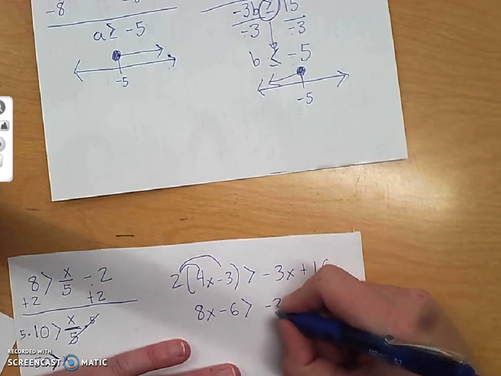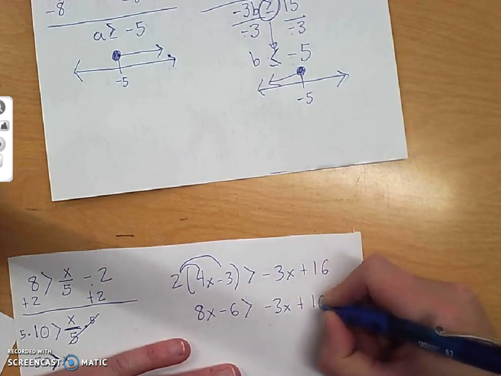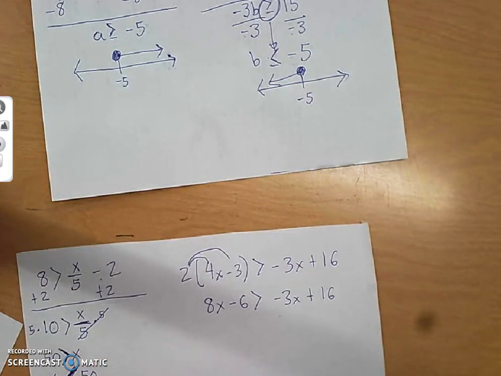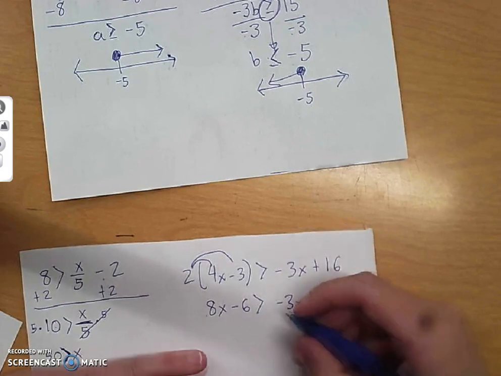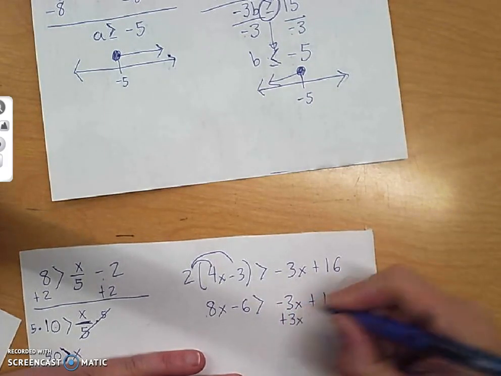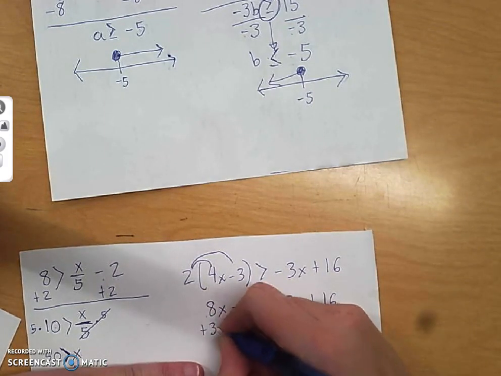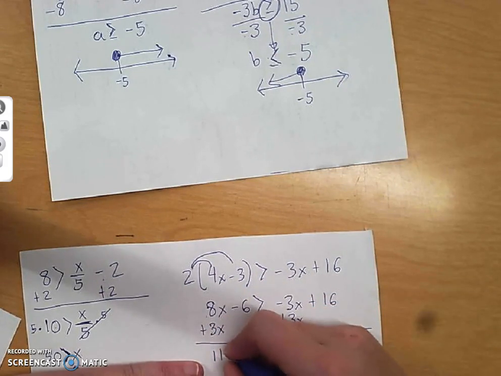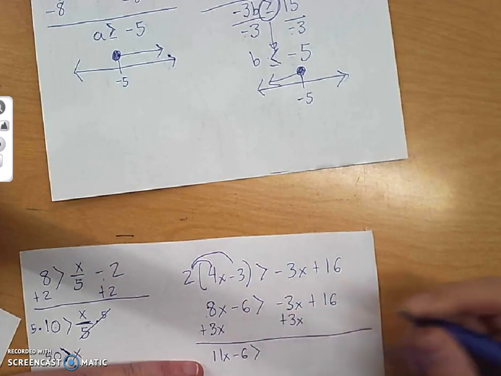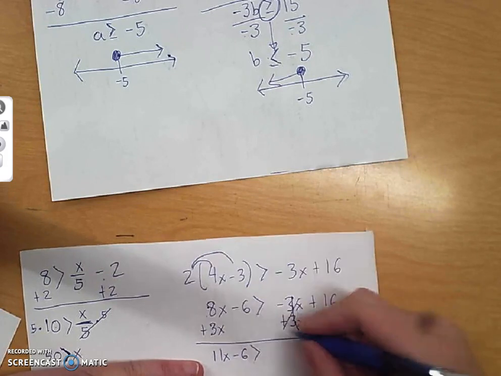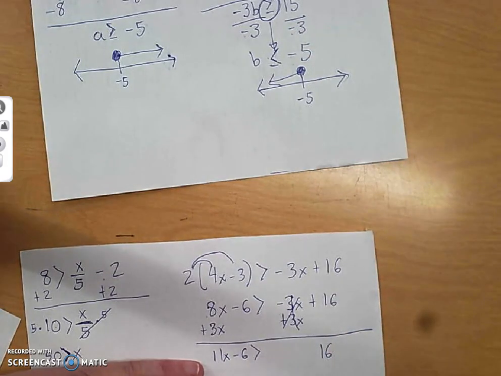It's greater than negative 3x plus 16. Now I got to get my x's together. I could move the 8 over, but then I'm going to have to deal with negatives, so I'm going to add 3x. 8, 9, 10, 11x minus 6 is greater than, that's gone, 16.